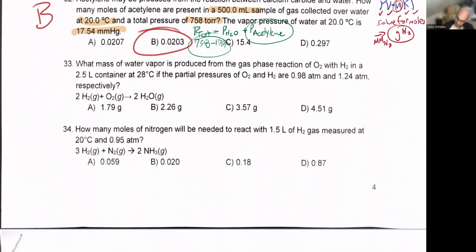I am looking for a mass of H2O produced from the gas phase reaction, this reaction right here, in a 2.5 liter container at 28 degrees Celsius, with pressures of O2 and H2 given. By the way, pressure is just concentration when we're looking at it too.